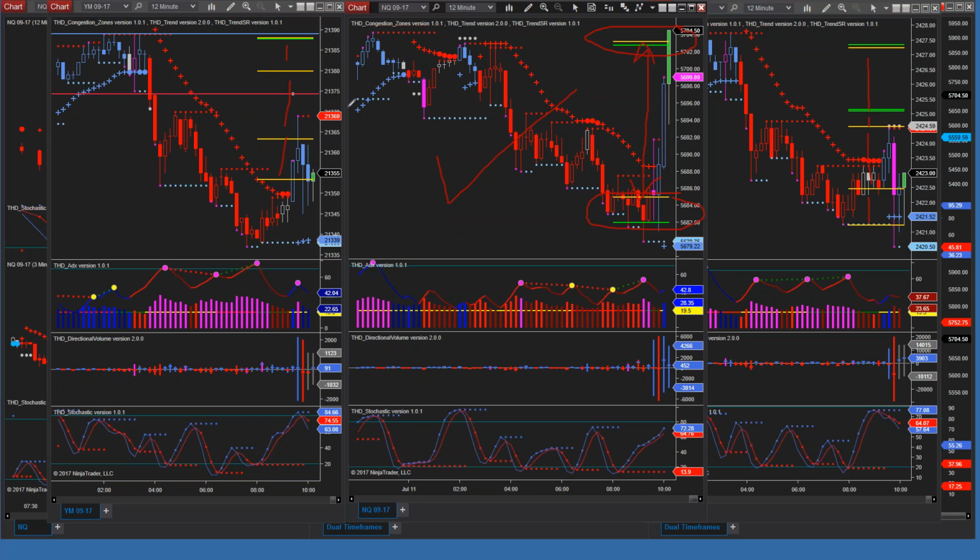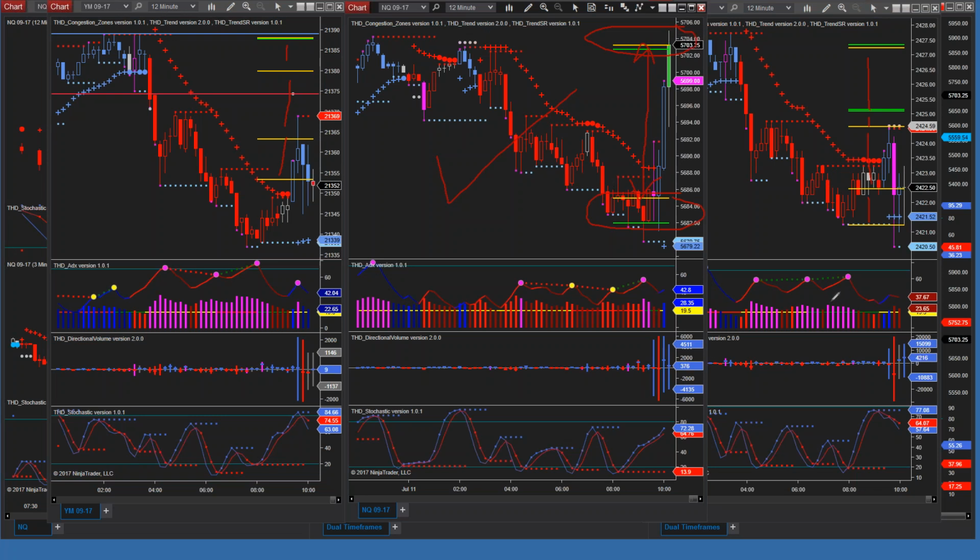In other words, you have got areas of resistance and support throughout on the Dow and on the ES. But the NASDAQ, man, that was a straight shot this morning. It was a straight shot down and a straight shot back up. Does everybody see that? That's what I'm looking for.